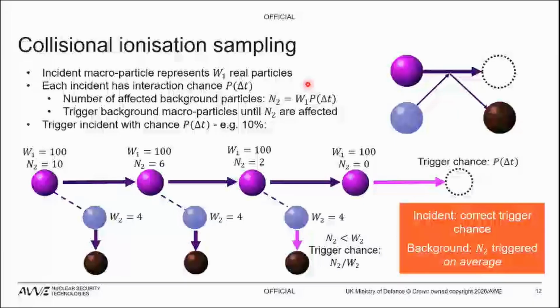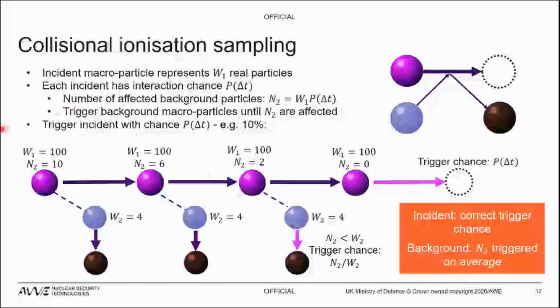We would expect W1 times P delta T particles to be affected by that incident particle. So what we can do then is we can start pairing our incident particle to ions in the same cell, and we can just keep ionizing them until we have ionized enough that we are able to say, right, we've actually ionized enough particles now, we can just do the last one based on probability.